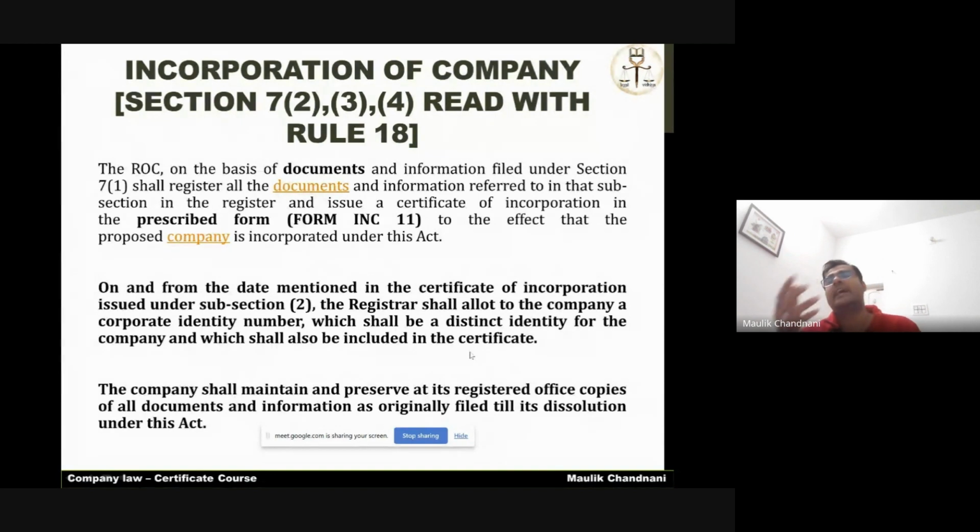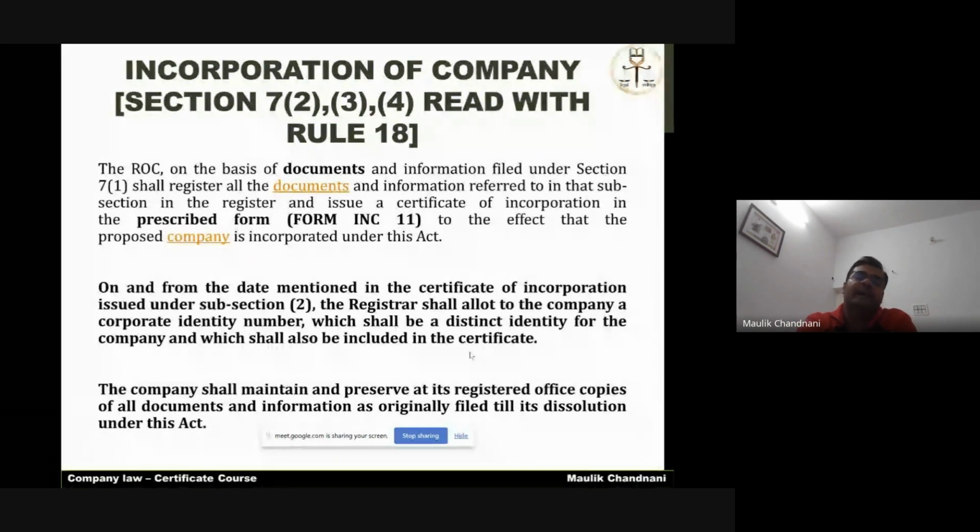So once the CIN has been allotted in the certificate of incorporation, it is deemed that your company has been legally formed or incorporated. All these documents relating to the promotion and incorporation and all other legal documents of the company shall be preserved at its registered office till the dissolution under the Act.